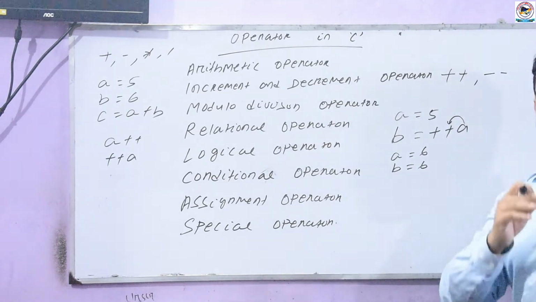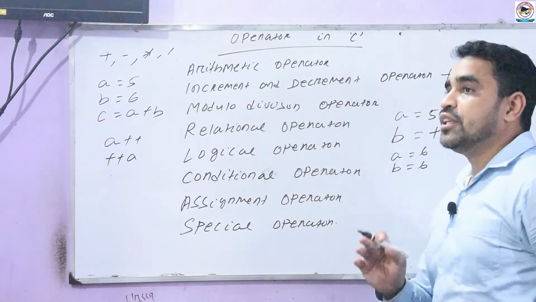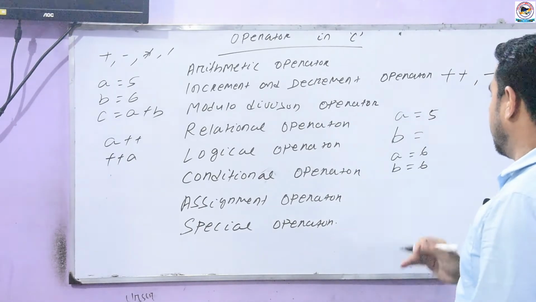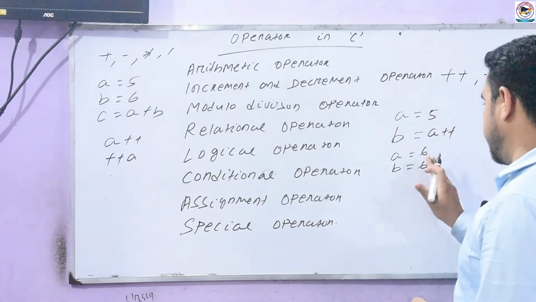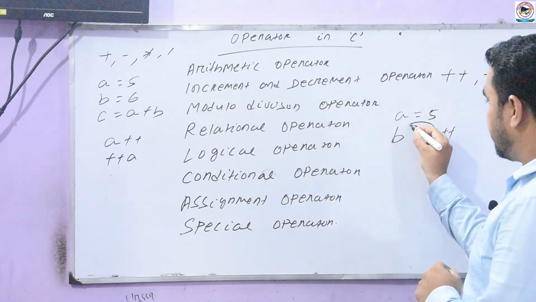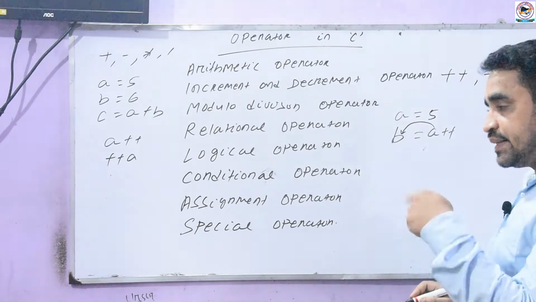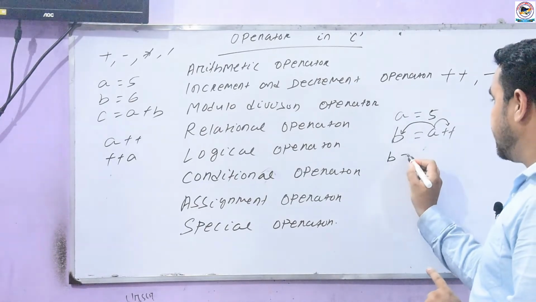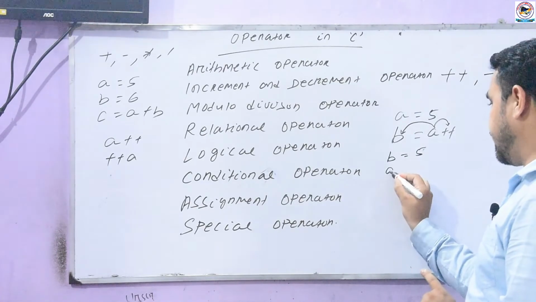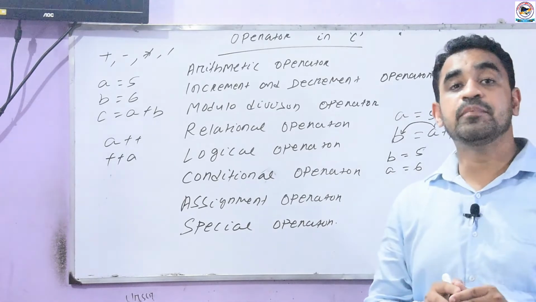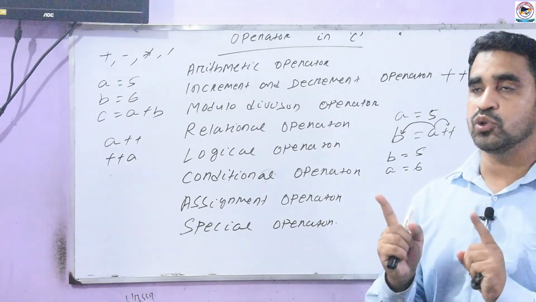In the same manner, in postfix, B is equal to A plus plus, here it first stores the value of A into B and then increases the value of A. So the value of B is 5 and A is 6. This is the little difference between prefix and postfix.